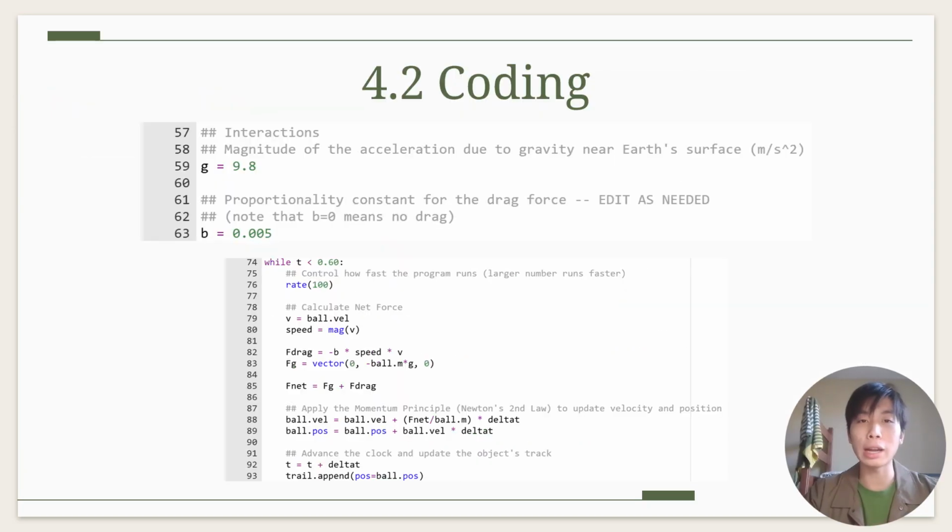If you want to take the drag force into consideration, you have to let b be a number that you get from experimental data. In this case, I got 0.05. And then remember to add the F drag using the equation to satisfy the situation, which is F drag equals negative b times the speed times the velocity direction.